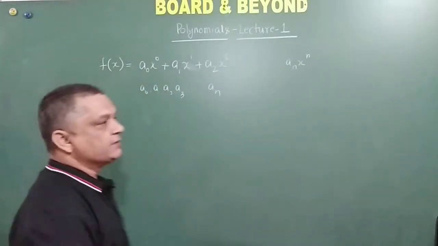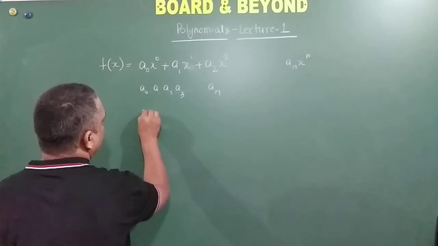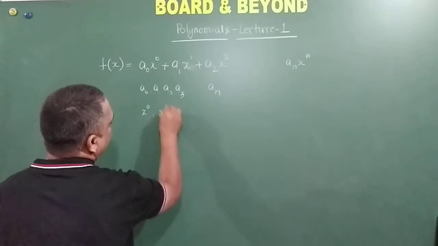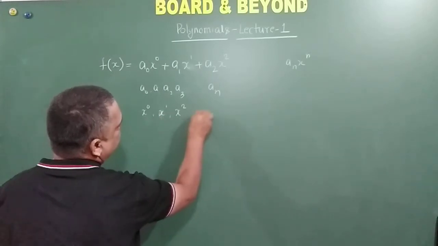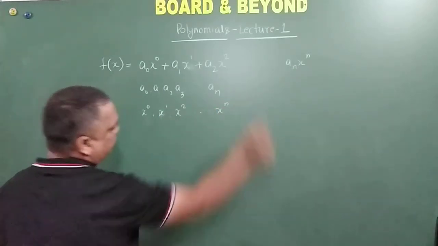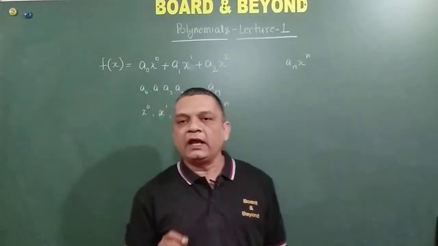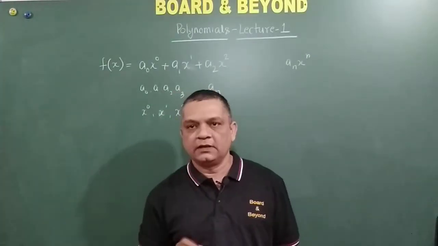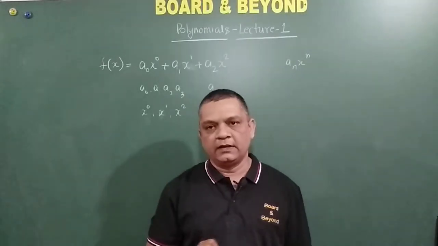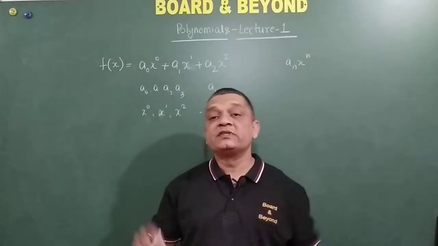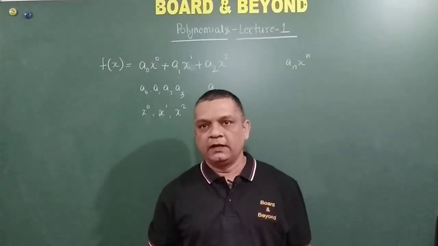Since I have introduced new terms to you, constant and variable, let me briefly tell you what is a constant and what is a variable. A constant is a value which does not change. It remains the same, we are not supposed to change that. And a variable is something which keeps on changing, which keeps on varying.